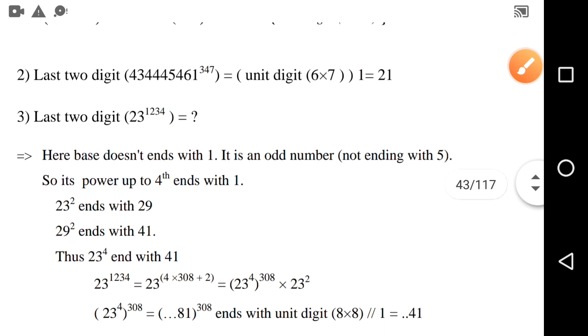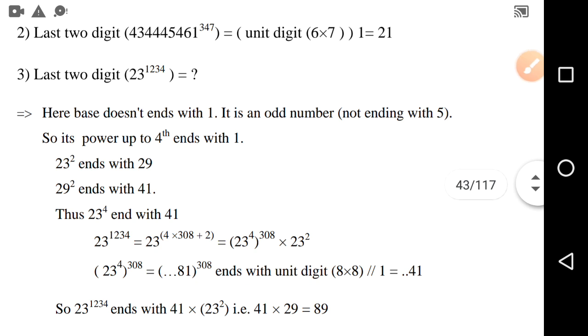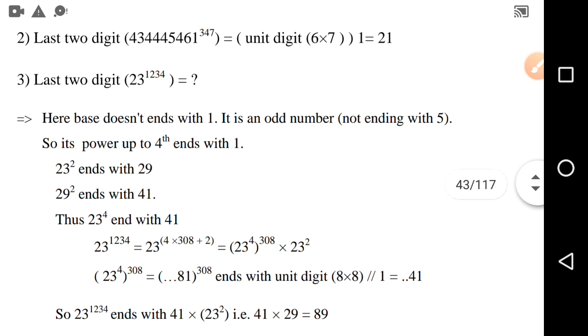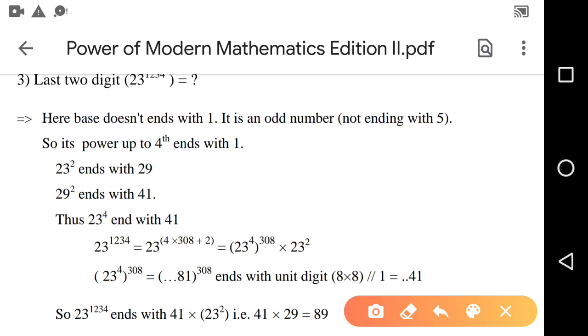Now let us understand this. Here what is shown: 23 square ends with 29, and 29 square, meaning 23 raised to 4th, ends with 41.